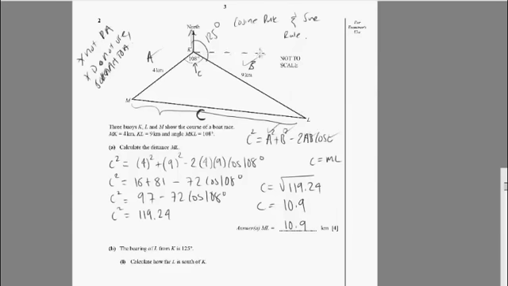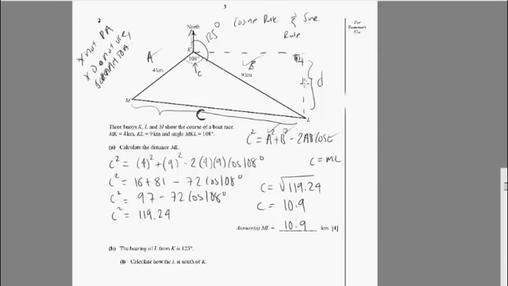So what we can do is create a triangle. And notice it's a right angle triangle. So what we're looking for is this distance right here. Since it's a right angle triangle, we can use SOHCAHTOA.